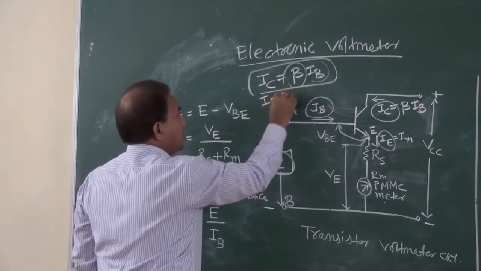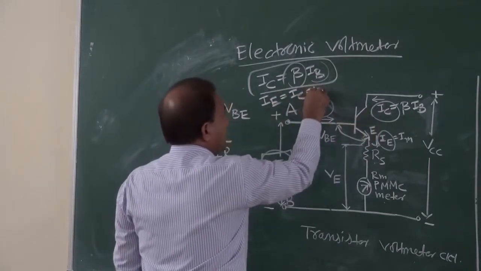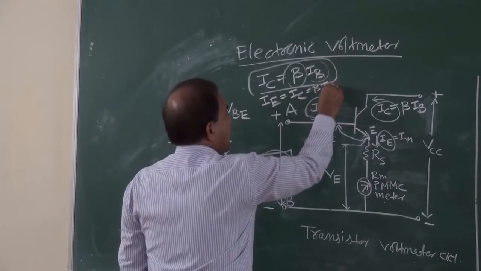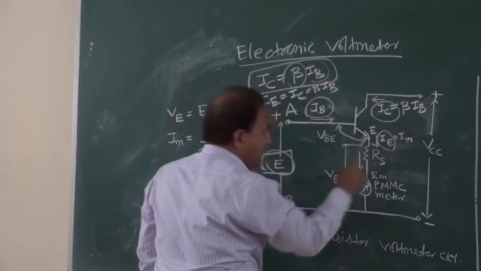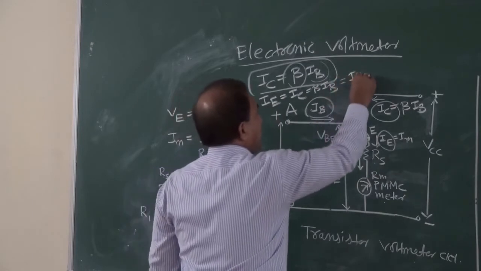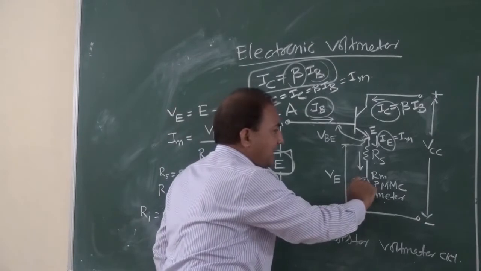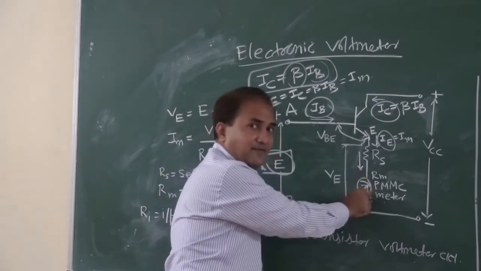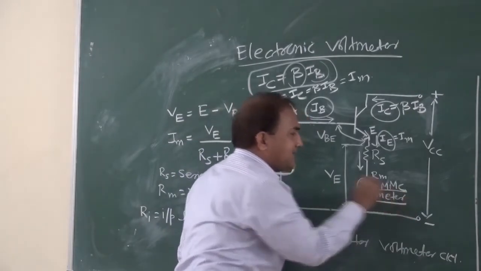And you can see now IE is equal to IC. IC is equal to beta IB, and what is IE? IE is also this IM. What is IM? IM is the full scale deflection current of this PMMC meter.